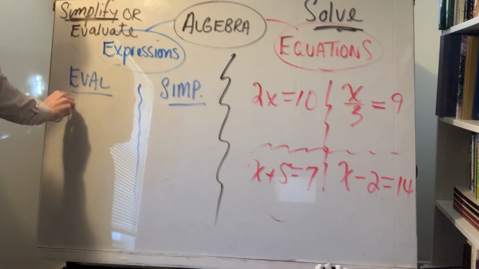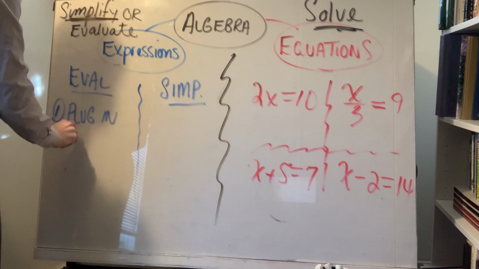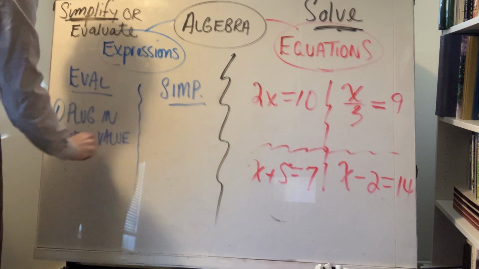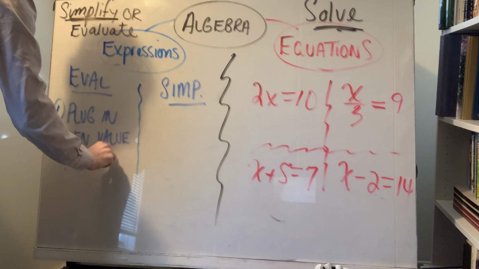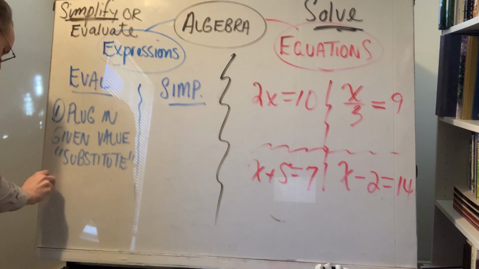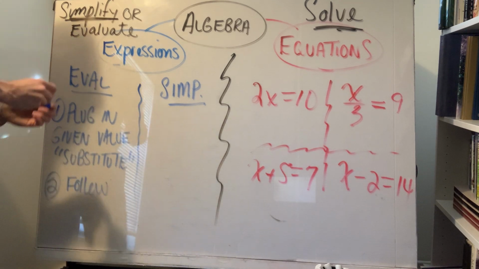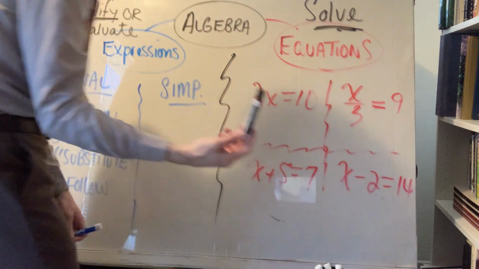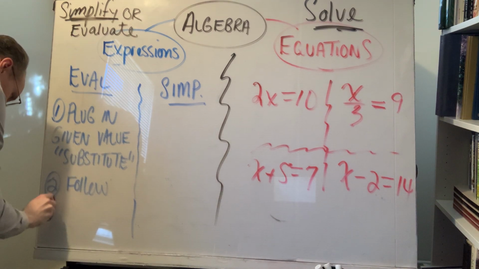It means to plug in a given value, substitute, in other words, and then usually follow the order of operations. And since the order of operations is as important as it is, I'm going to write that in a different color. I'll remind you later what the order of operations is.